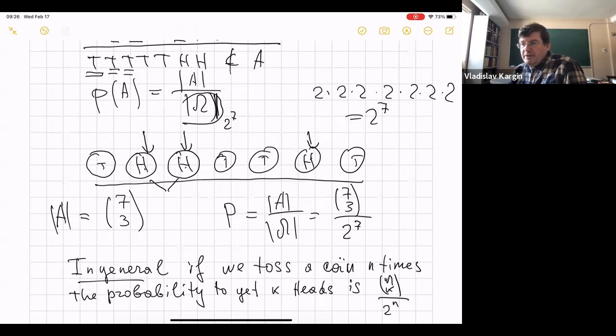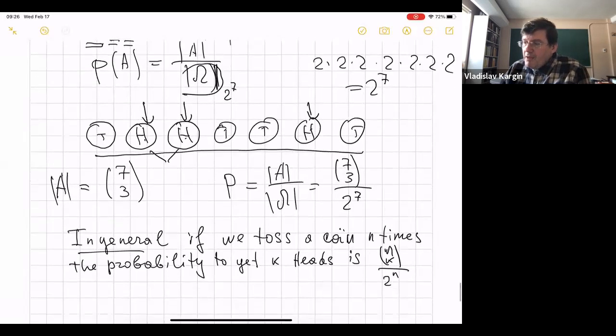All right, so this is one of the first applications of all this stuff to probability theory, probably the most important application, because we will use it after that. Okay, so we probably should stop here.